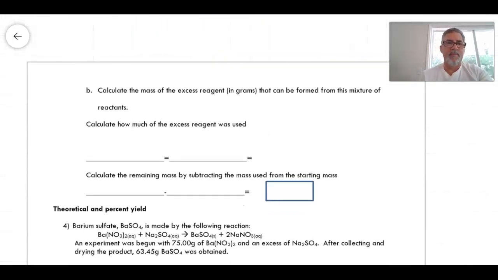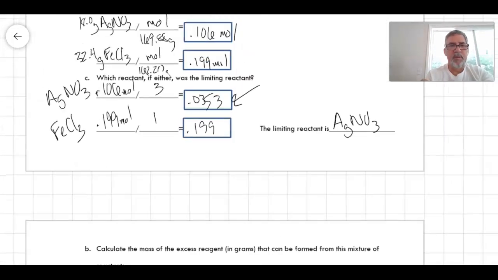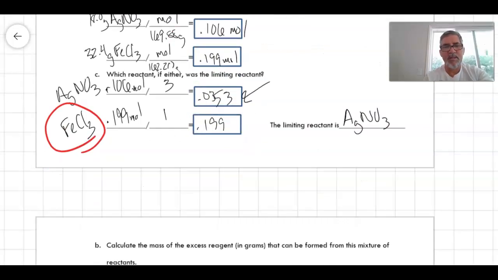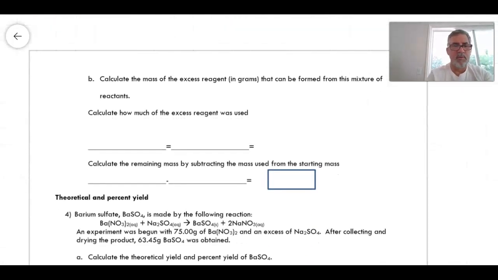The second part says calculate how much excess reagent was left. So remember, if my silver nitrate is limiting, then my iron chloride is excess. So I'll come over here and we'll start with my limiting reactant, which was my silver nitrate.